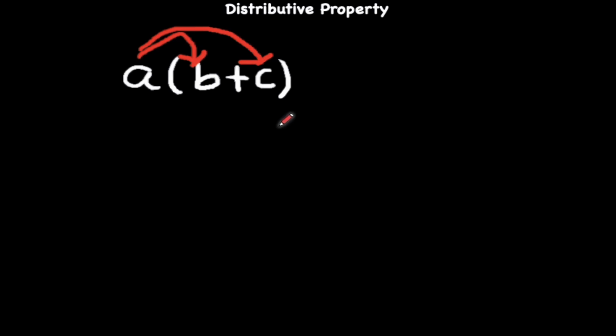And so when we do that, we're going to take the a multiplied by b, which is written together as ab, and we have the plus operator, which we're going to bring down, and we're going to distribute the a to the c, which when you multiply is simply ac written together, right? And so that's why we use the distributive property, okay?